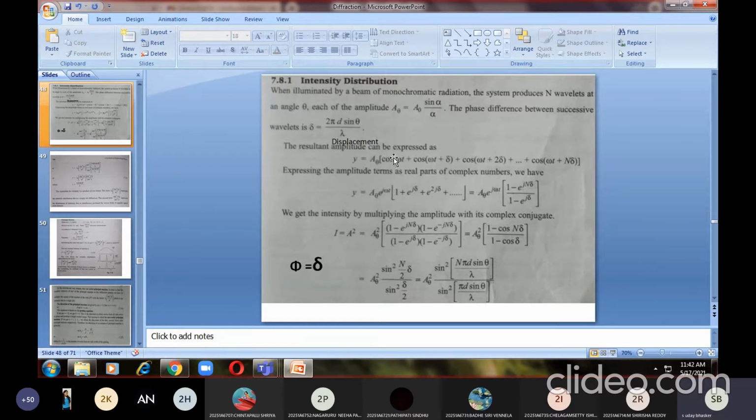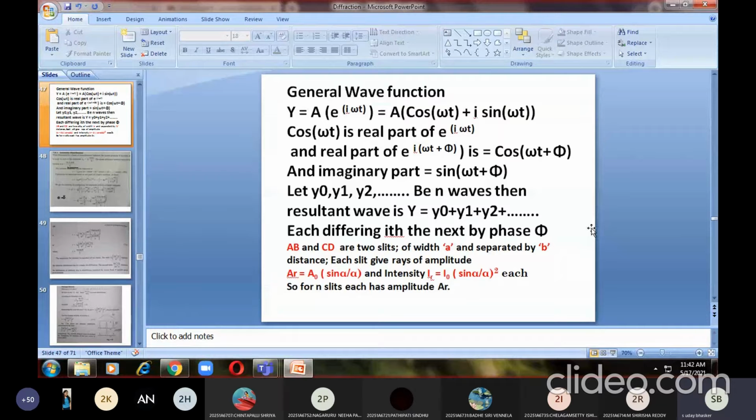Now cos omega t can be written as the real part of e to the power of i omega t. This is what I try to express here. So the general expression is y is equal to a e to the power of i omega t, which is nothing but a cos omega t plus i sin omega t.